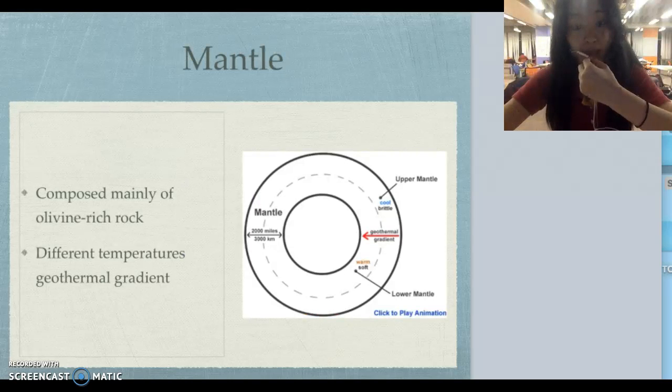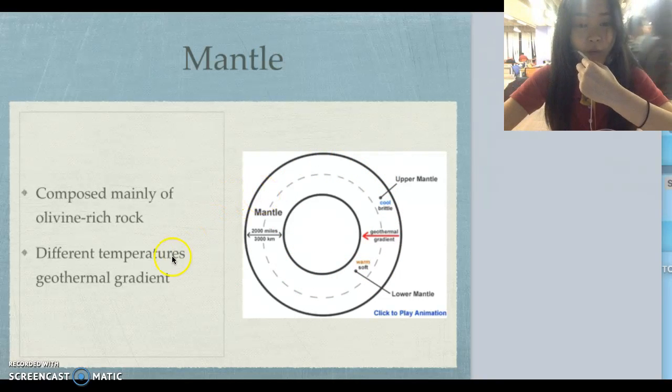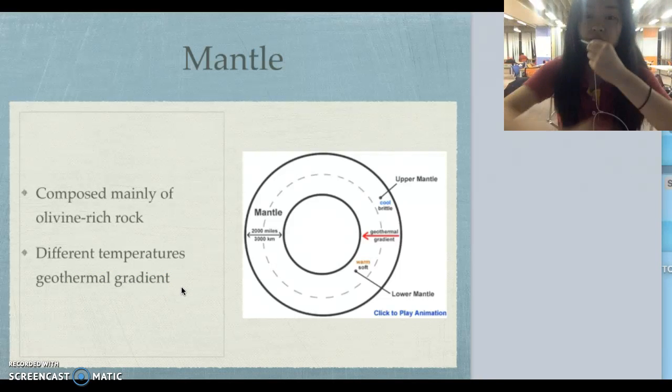So here's the mantle. The mantle is outside of the core, and on the inside, the mantle is very hot, and on the outside, it's not that hot. So we call it the geothermal gradient because the mantle has different temperatures.